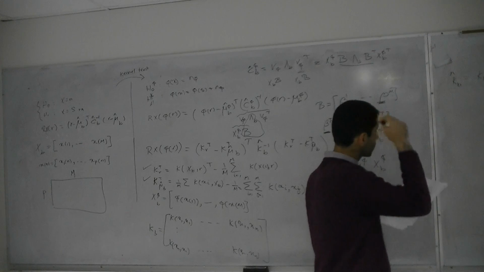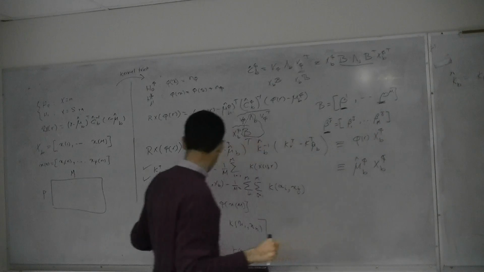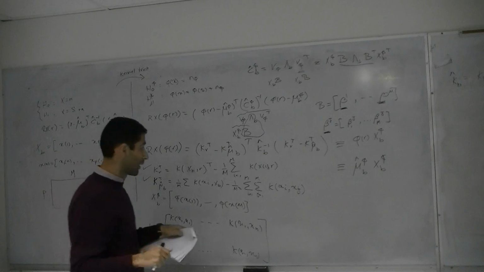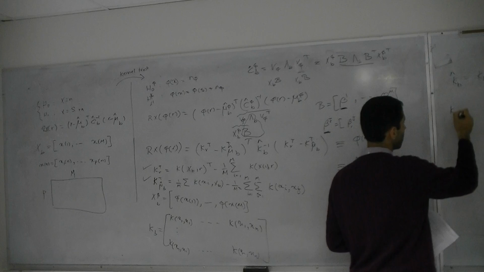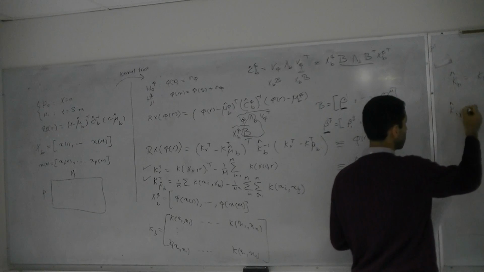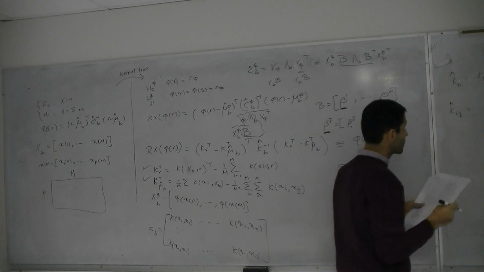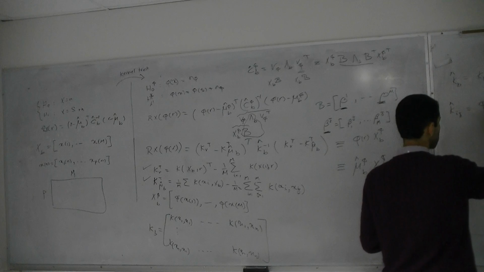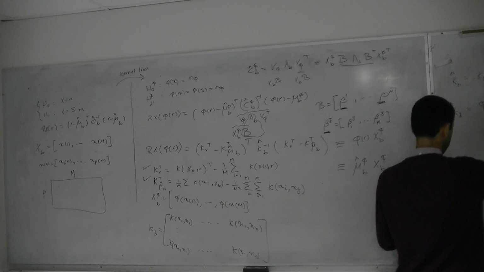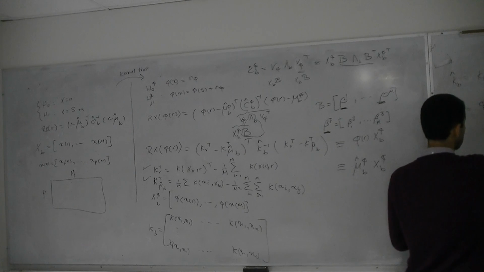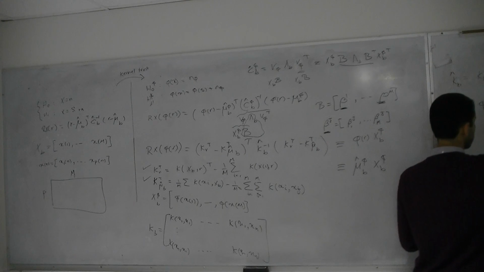For example, if we want to find one coefficient of K I J hat, it is equal to phi centralized x I transpose phi x j.